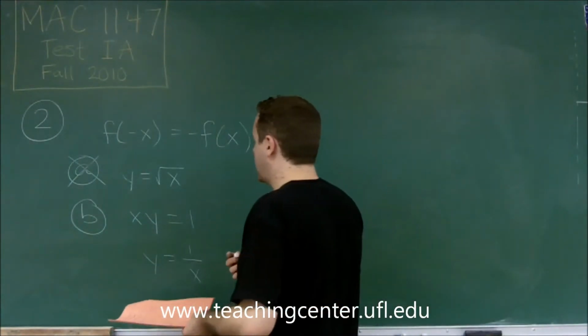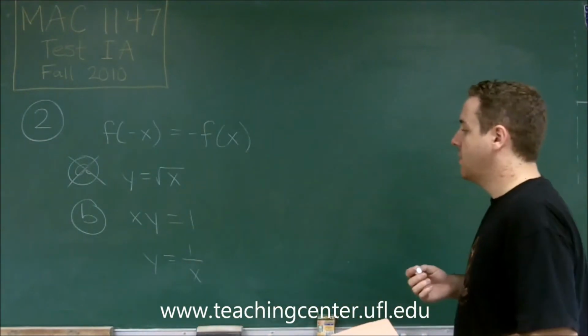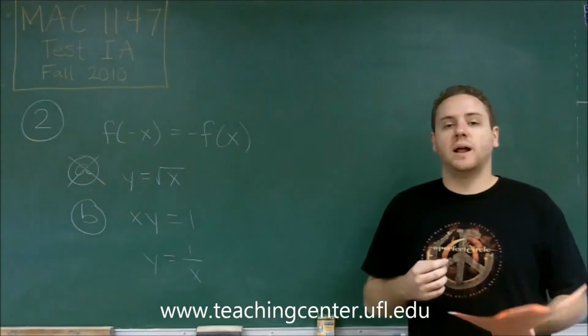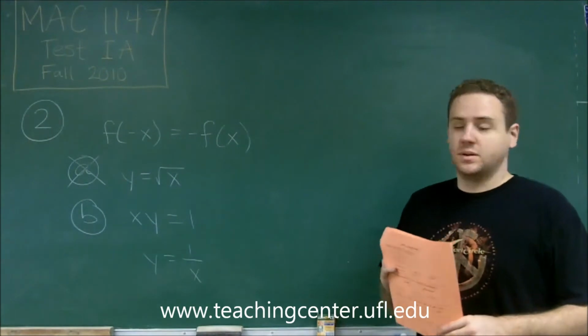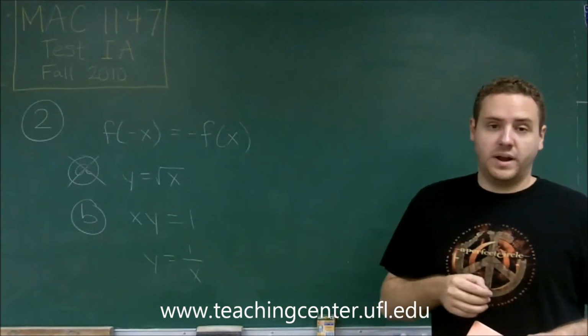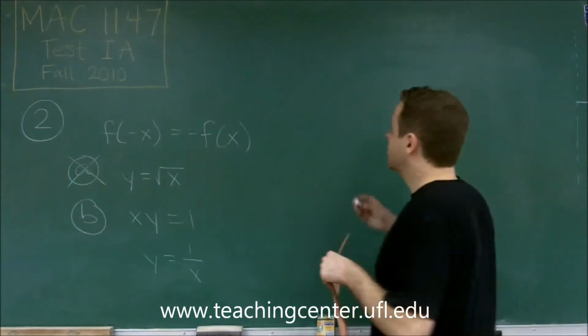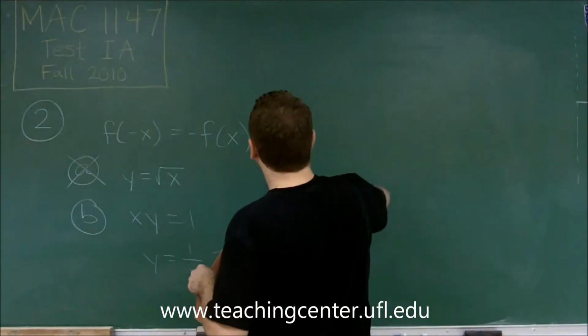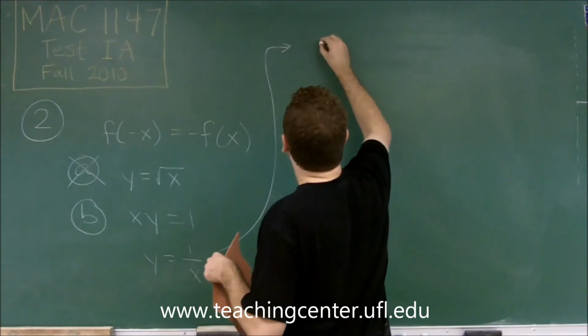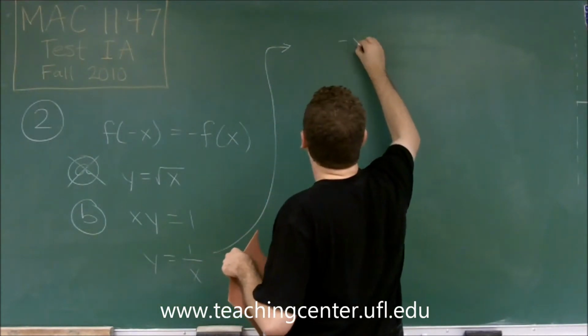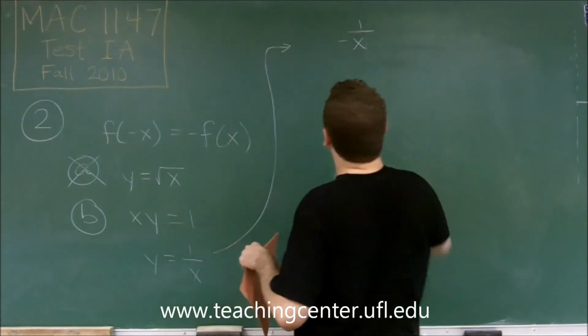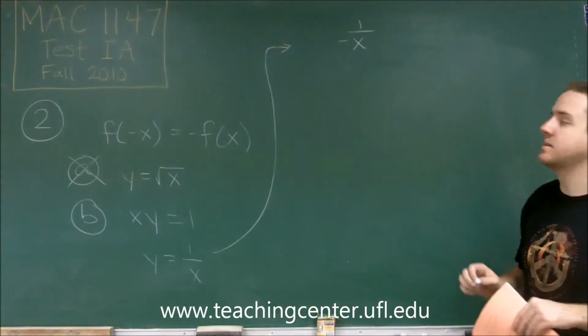We can try that with a variety of different things here, but it's good to show it algebraically and not just use numbers. So y equals 1 over x. What happens if we substitute negative x in for x? We would get negative 1 over negative x, or in other words, negative 1 over x.